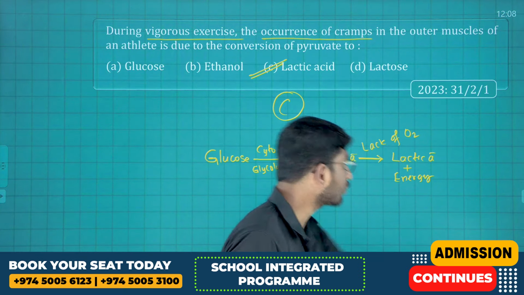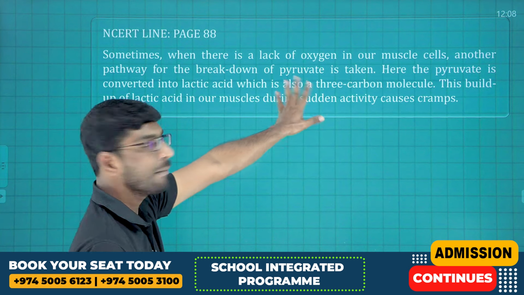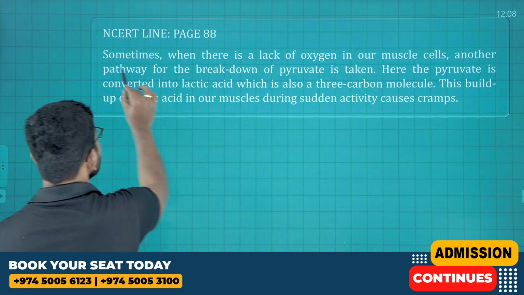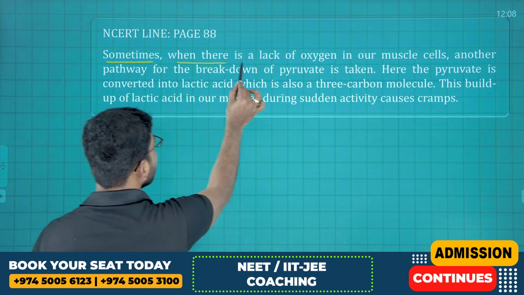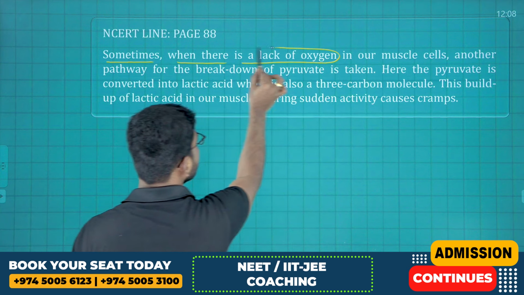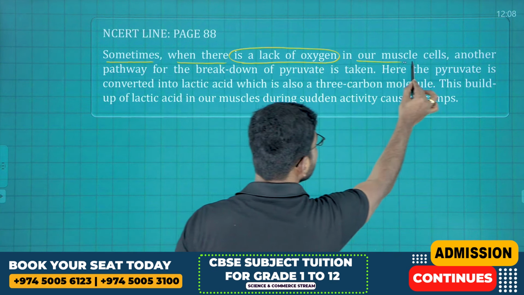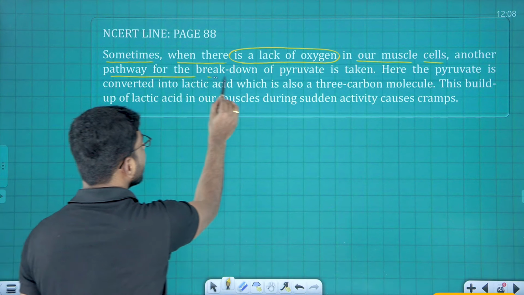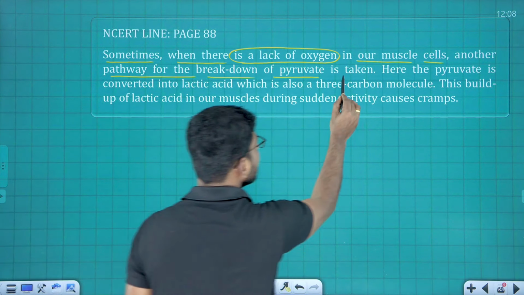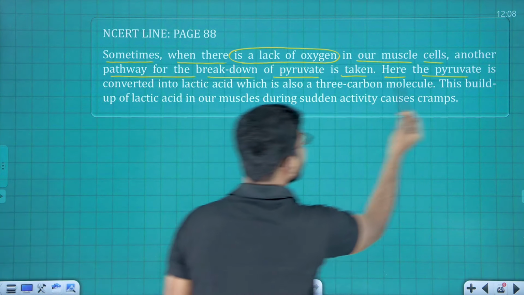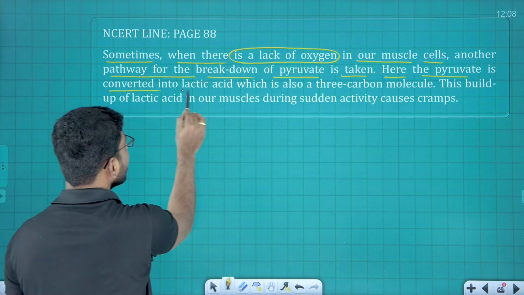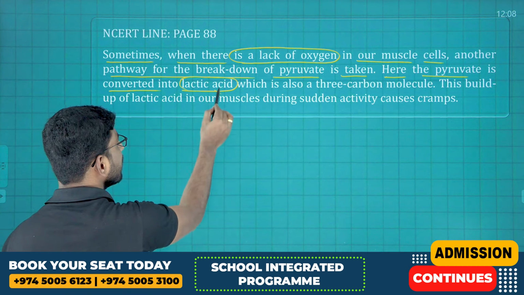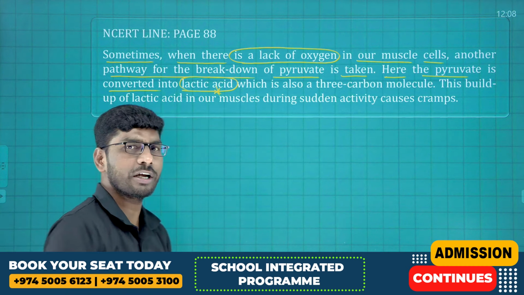Look here, I would like to show you. This is exactly an NCERT point. Sometimes when there is a lack of oxygen in our muscle cells, what happens? Another pathway for the breakdown of pyruvate is taken. Here, pyruvate is converted into lactic acid. Remember all of you, direct NCERT point.